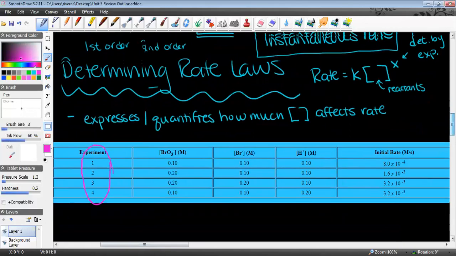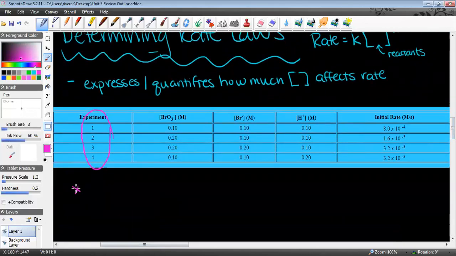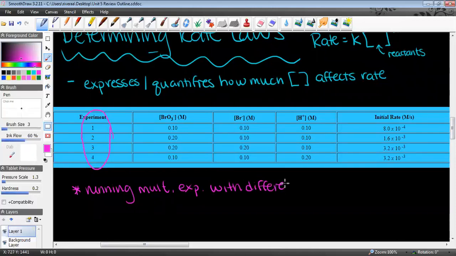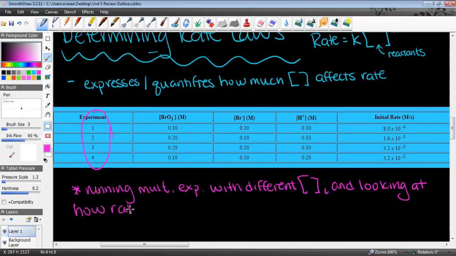So this is an example of running multiple experiments with different initial concentrations and looking at how rate was affected.